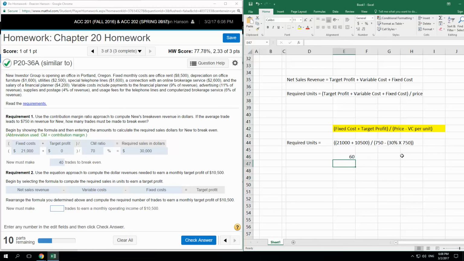Yep, 60. So we need 60 trades to hit the target profit of 10,500.